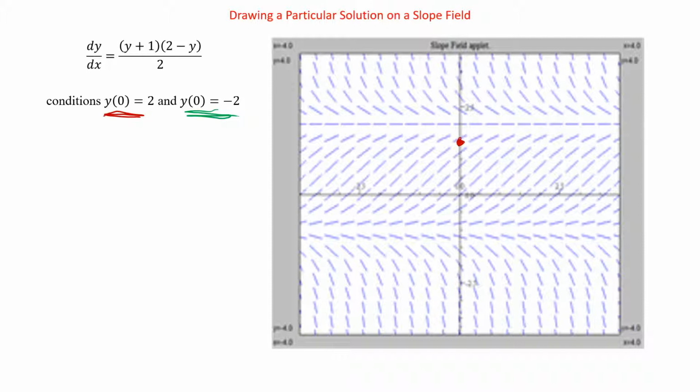So just kind of go with the flow. This is telling us to go right this way, and then we can see an asymptote there. And then going back the other way, looks like that. And this is a bit of an art form.